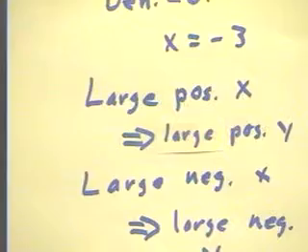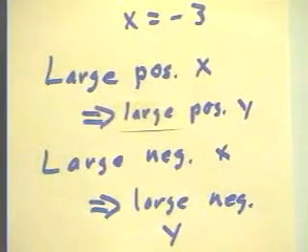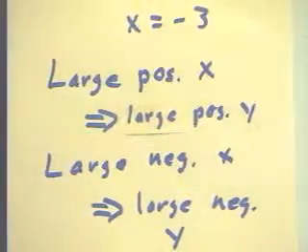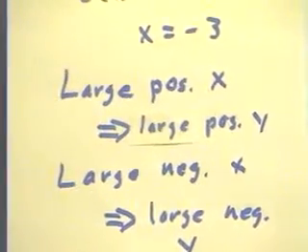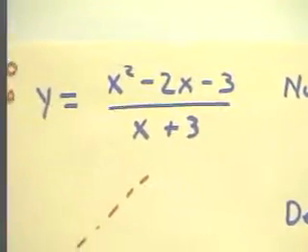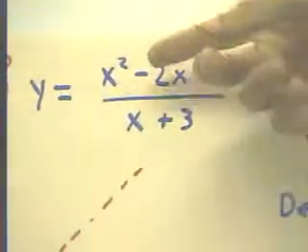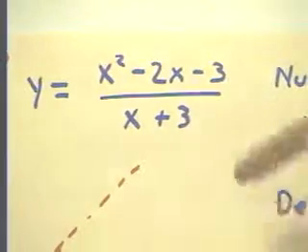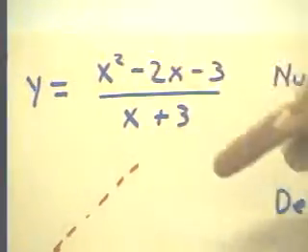What happens if x is a large positive or large negative number? Well, let's look back at the function. If x is a large positive number, then the numerator is going to be dominated by this x squared. For example, if x is 1,000, x squared is 1,000,000.